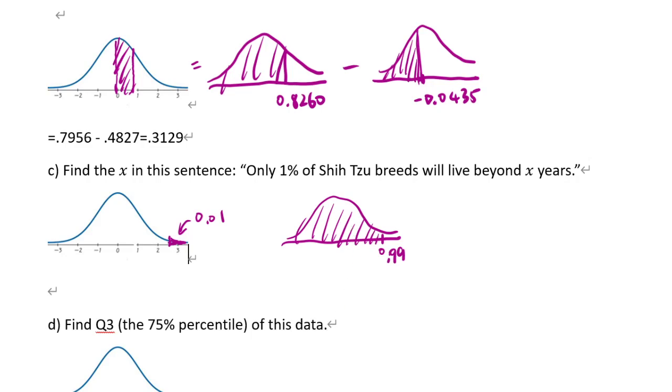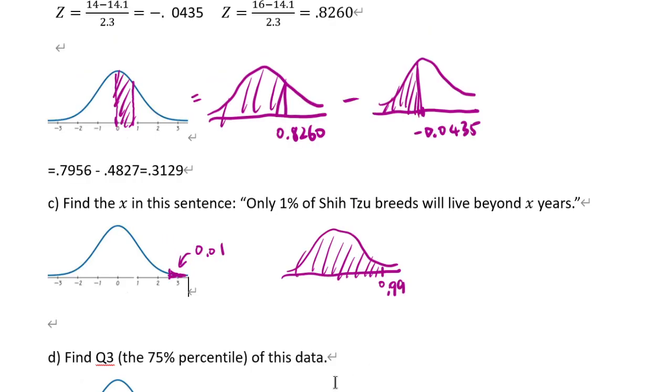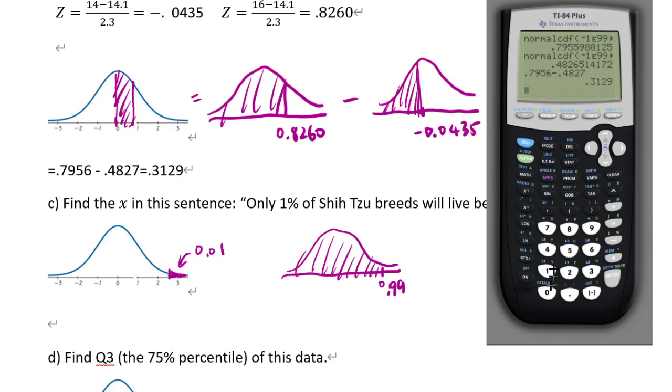So you find this value using second vars, inverse norm. The area I want is 0.99, and what you get is 2.326.